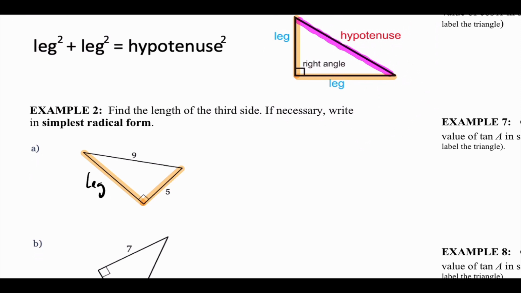So I'm going to say one of my legs is 5, so 5 squared plus the missing leg squared equals 9 squared, because that's the hypotenuse. This is the missing guy here; I have to figure out what that is.